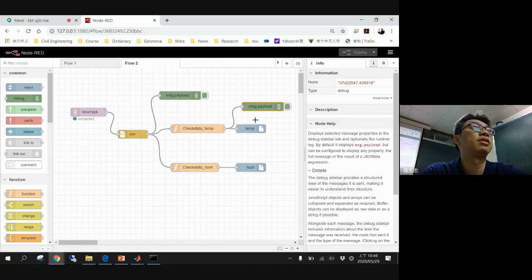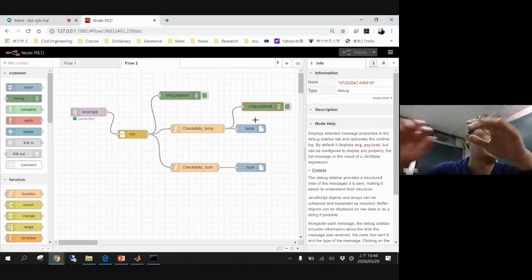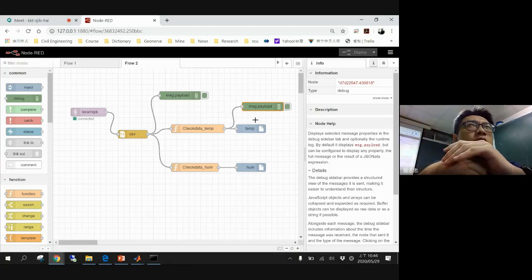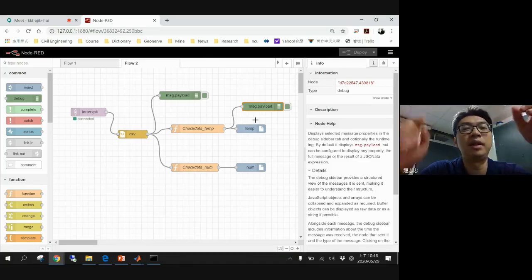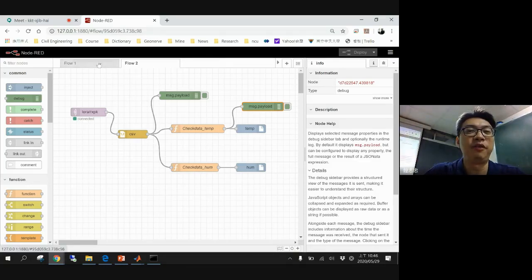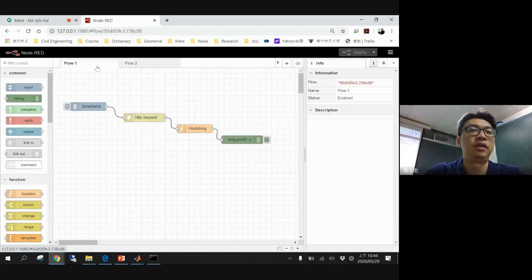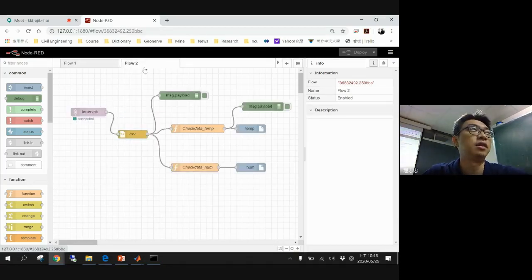But if you already have your program compiled, you can use my lab computer. Each group can have your own flow: the first flow for the first group, then the second, third, and fourth. So you can capture the signals from the MQTT simultaneously.